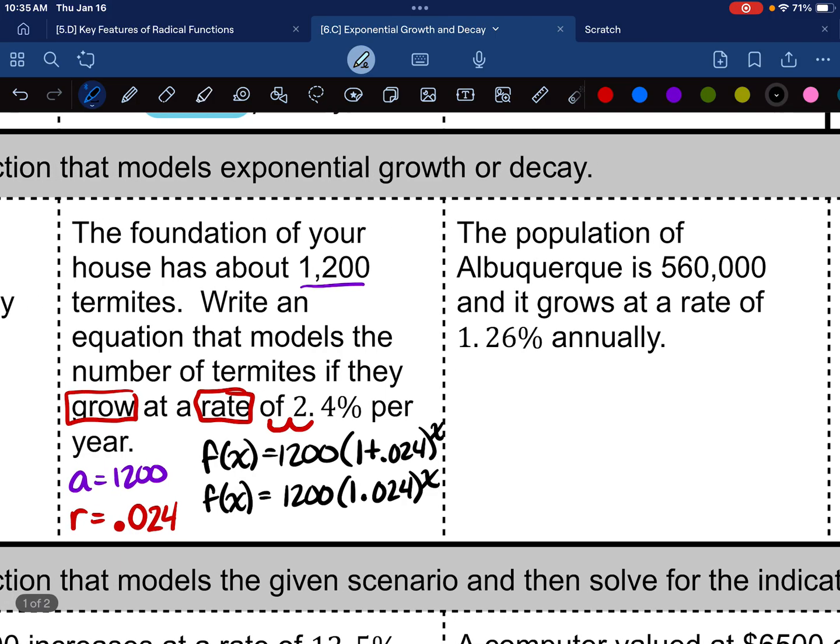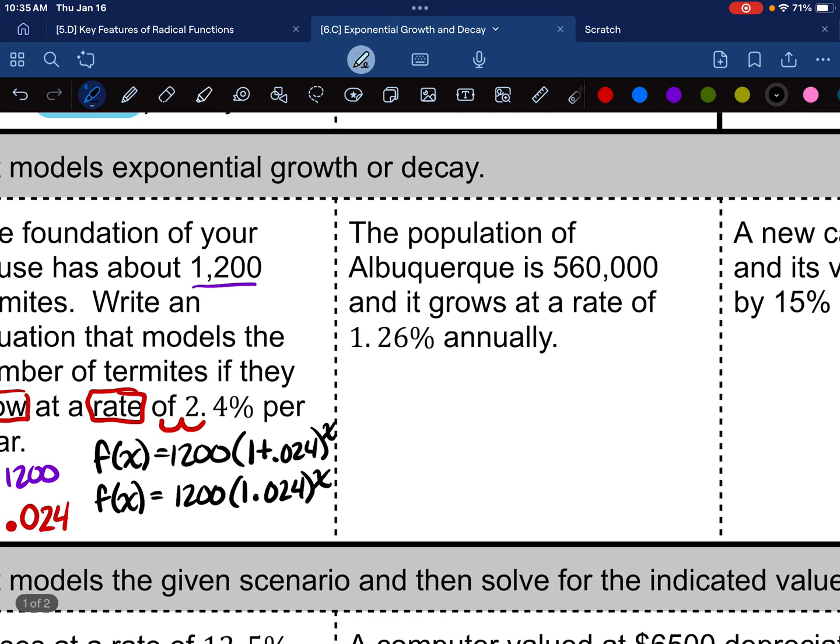All right, let's do it again. So the population of Albuquerque is 560,000. And it grows at a rate, okay, we need the word grows. The word rate tells us we're using the right-hand formula. 1.26% annually.